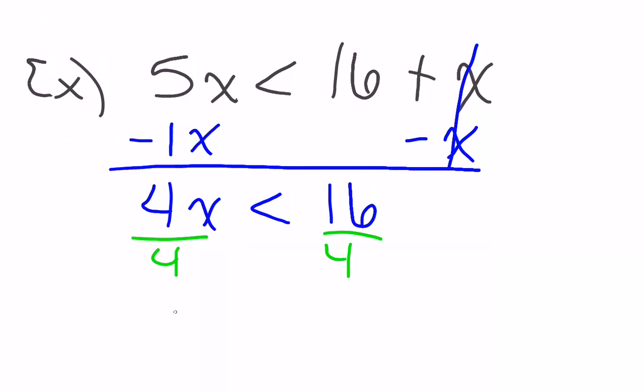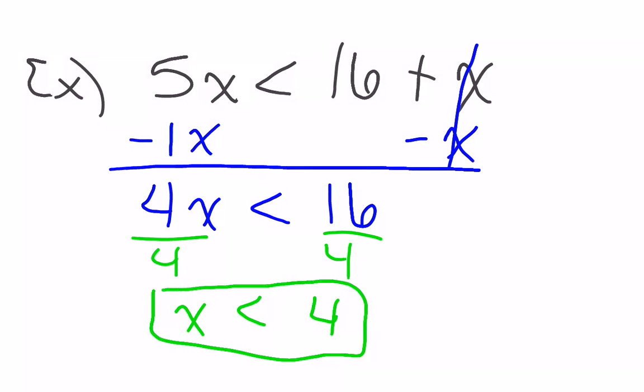And we get 4 divided by 4 is 1x, less than 16 divided by 4 is 4. So x is less than 4 is our answer, meaning anything that's smaller than 4, and it's not just whole numbers, it includes all the decimals and fractions and whatnot, are part of the solution to this inequality. And so writing it like this includes all of them.